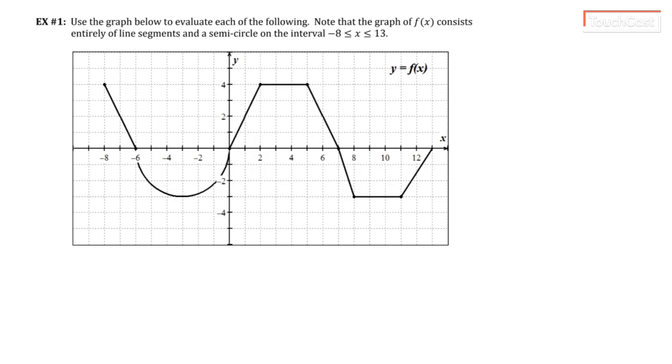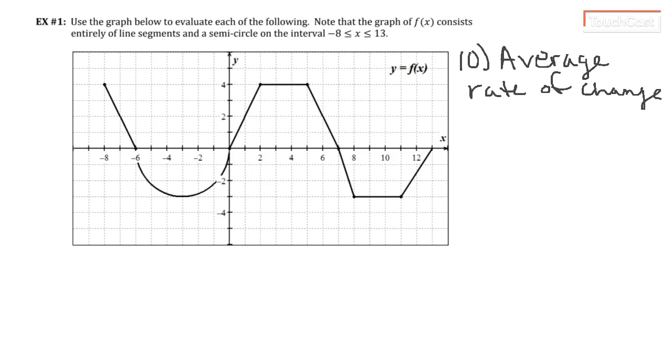So now we're going to actually skip numbers 8 and 9. And we're going to go right to 10 if you're using your note sheet, which says to find the average rate of change in f over the interval 0 to 5.